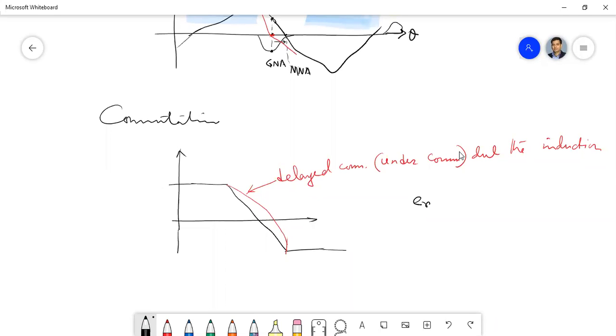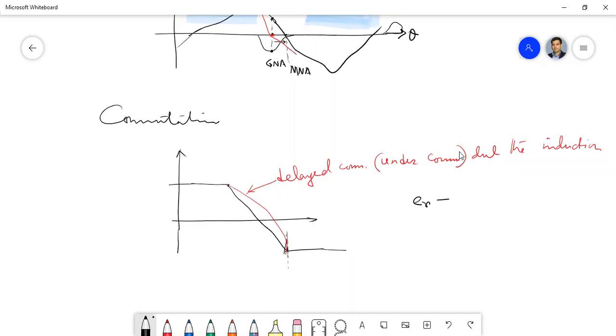commutation. And what kind of problem we may face due to this delayed commutation? That is the sparking. Okay, so sparking in which end? So one of the pole tips will get the sparking, not at this side. This pole tip will get the sparking.